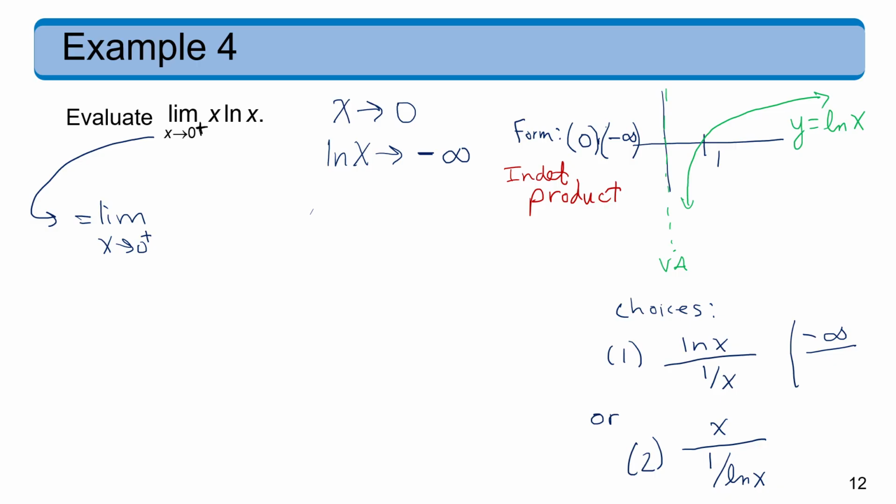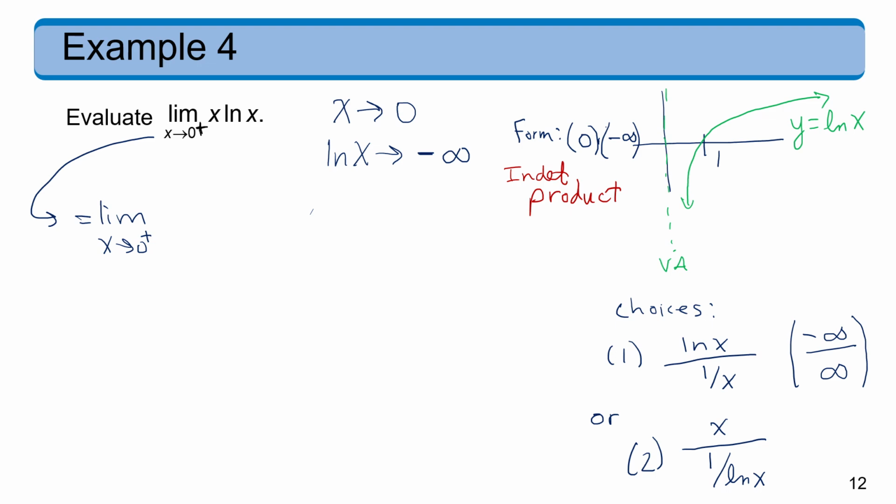So as x approaches 0, the form there would be 1 over 0. And a non-zero over 0 means it's going to infinity. Right? So 1 over x would be approaching infinity as x goes to 0. So we have an infinity over infinity form, which means we could use L'Hopital.